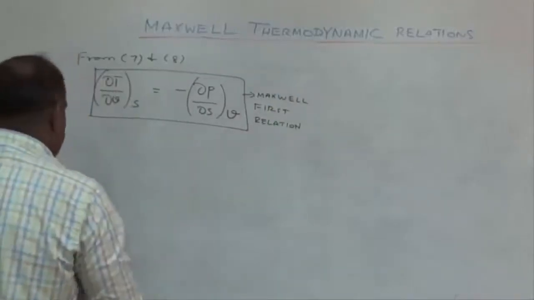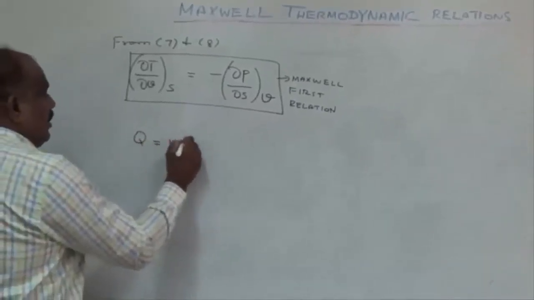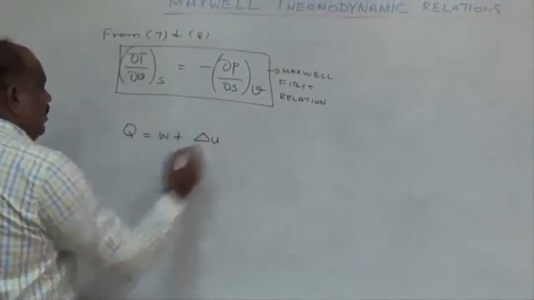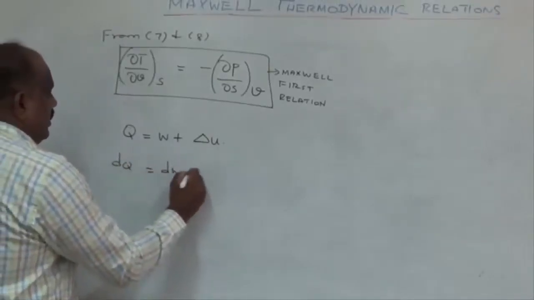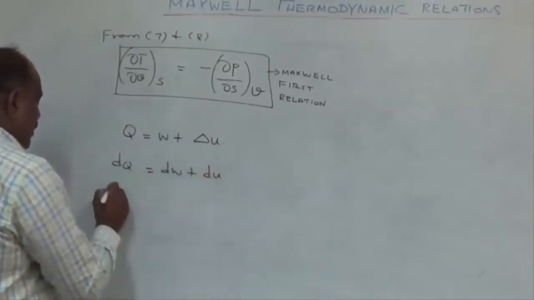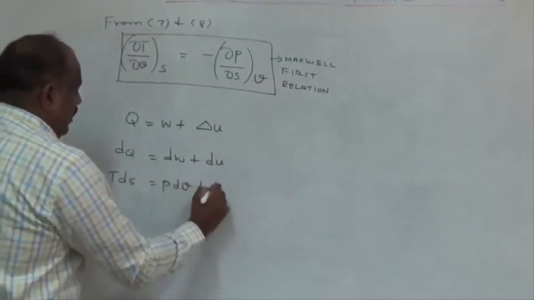In here we will start once again with the first law of thermodynamics, Q equal to W plus delta U, which means dQ equal to dW plus dU. So TdS equal to PdV plus dU.